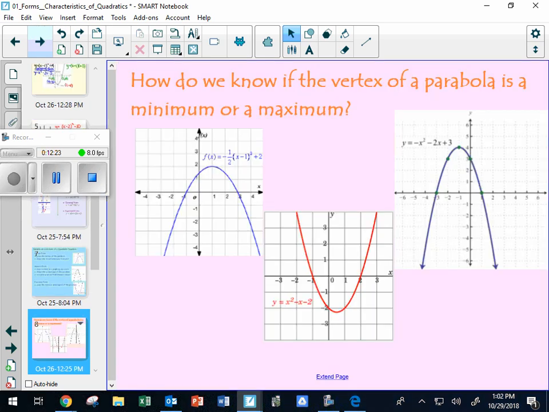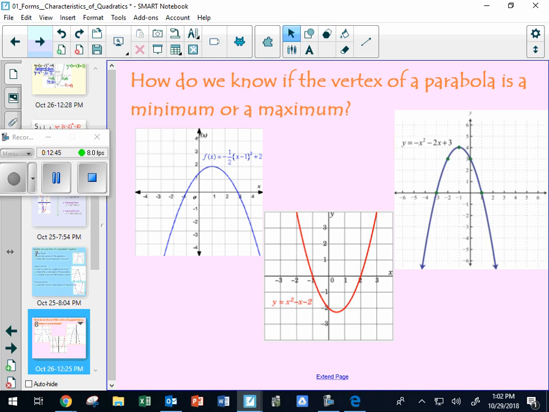we are going to look at this slide now. Do you remember at the beginning when I said the direction of the parabola might be important to us? There is something specifically about the direction, and it's whether the vertex is a maximum or a minimum.